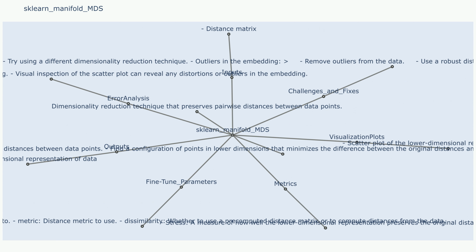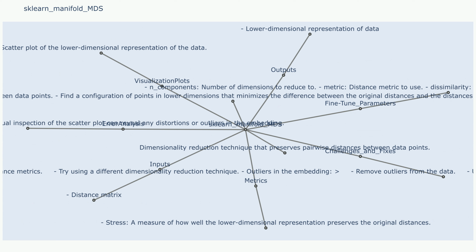Challenges and fixes. Challenge 1. Explain in detail. Poor data representation. MDS may fail to accurately represent the data in low-dimensional space if the data has a complex structure that cannot be adequately captured by the reduced dimensionality. Sample use case that resulted in challenge 1.